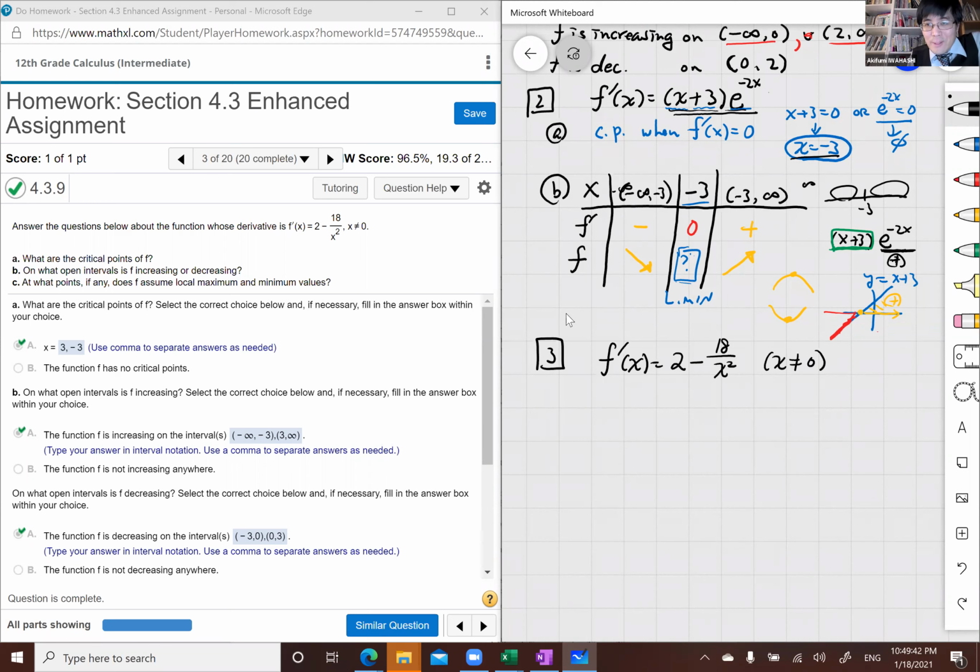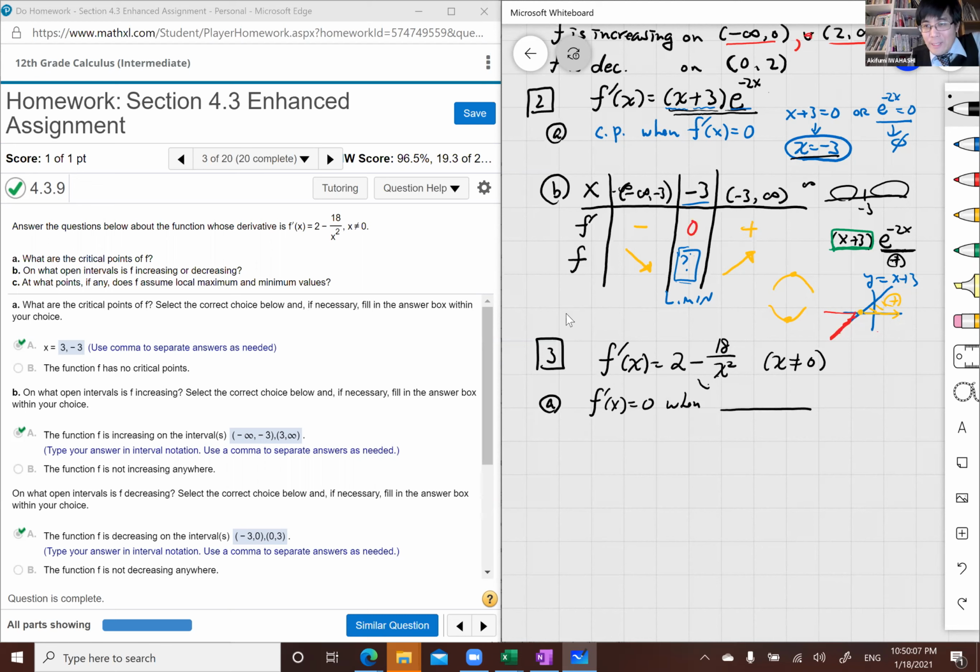This function is not defined when x is equal to 0 because the denominator becomes 0. To find the critical points, I need to find for what value of x this becomes 0.